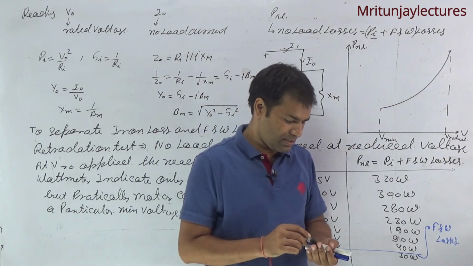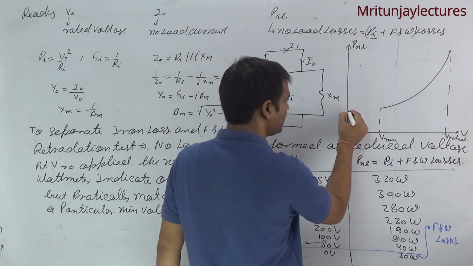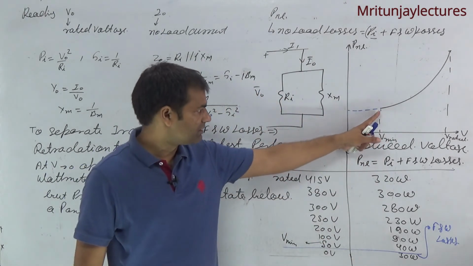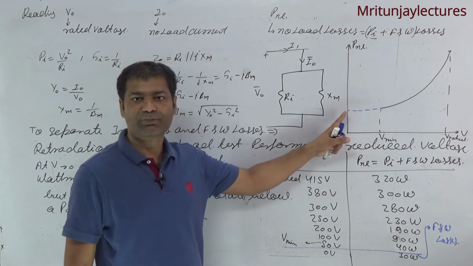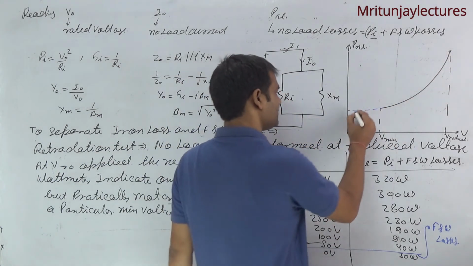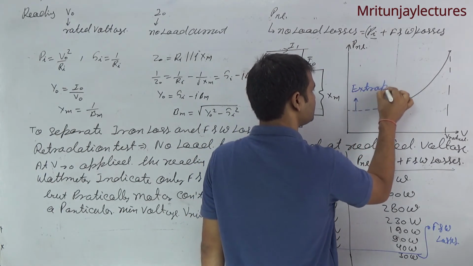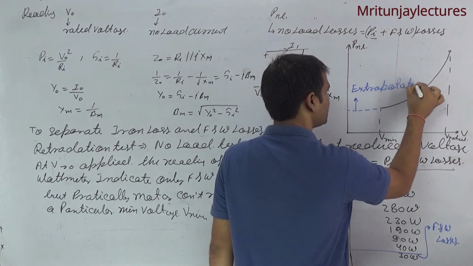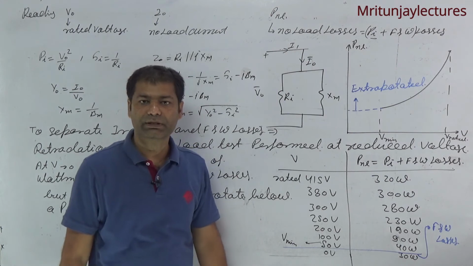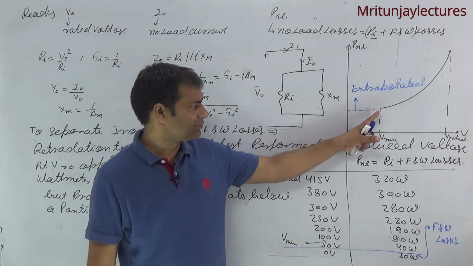But if you make it with the help of extrapolation, this one is called extrapolated. If the motor runs like this, then the graph is made like this.